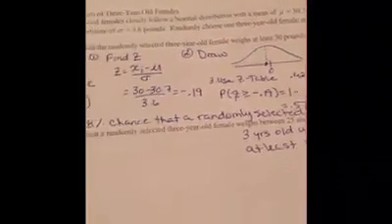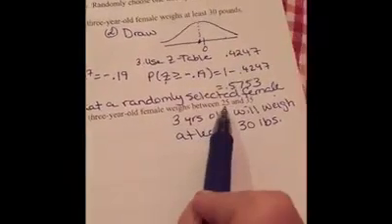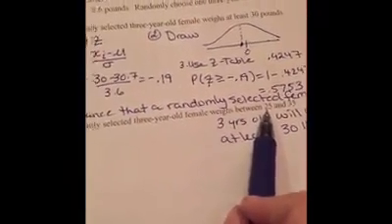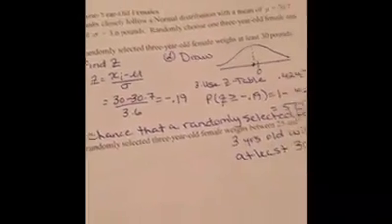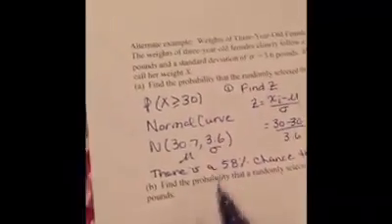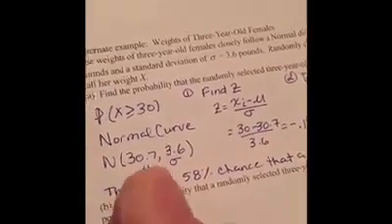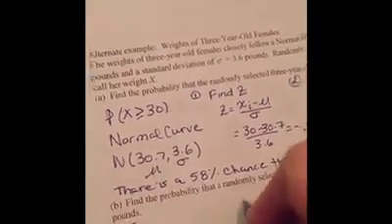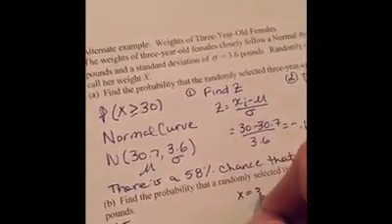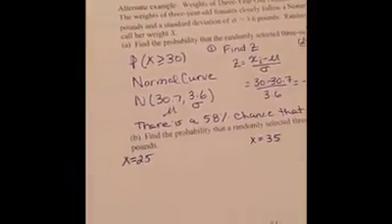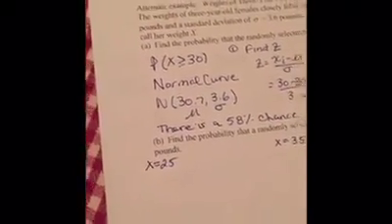All right, what if we wanted to find, like in the next question, where a randomly selected female was between 25 and 35 pounds? Well, now we're going to do that z-score twice. So we're going to use x for 25 and x for 35, and then find the z-scores for each and subtract the areas.